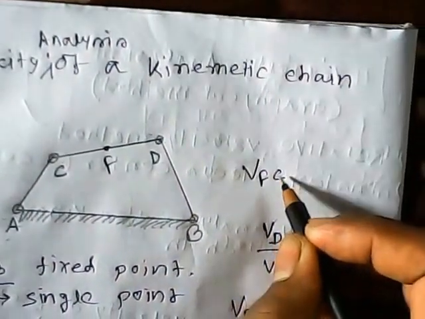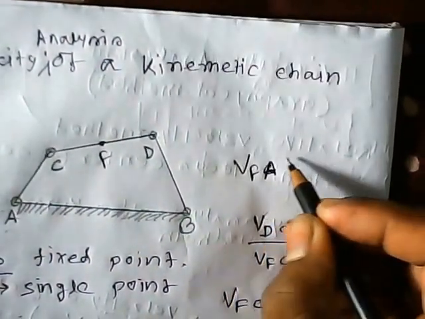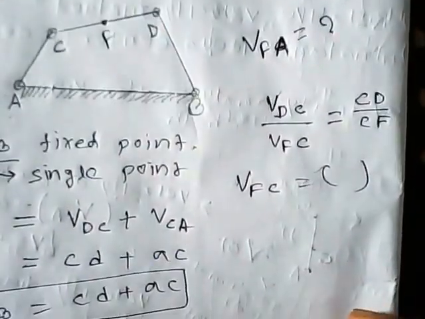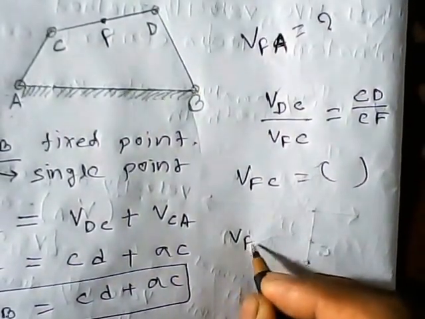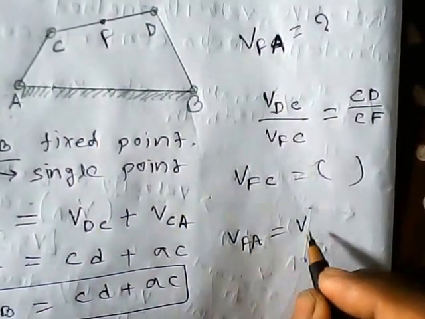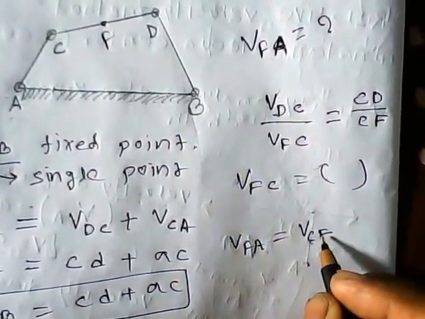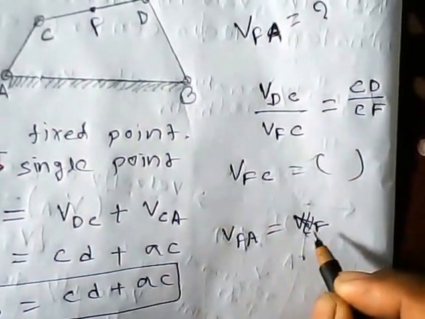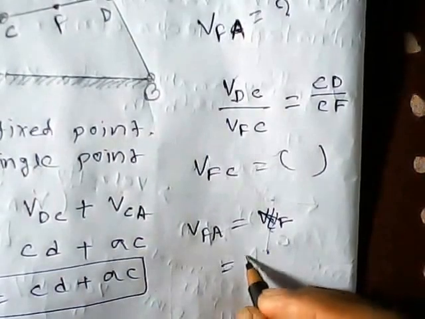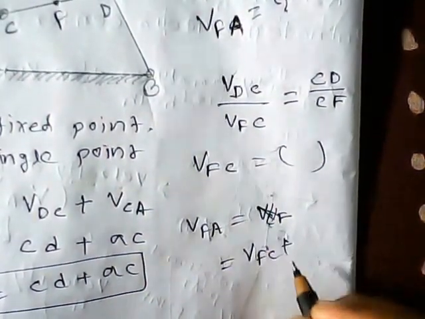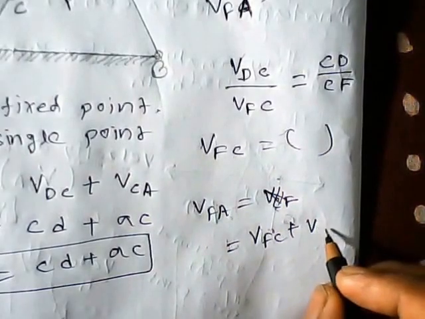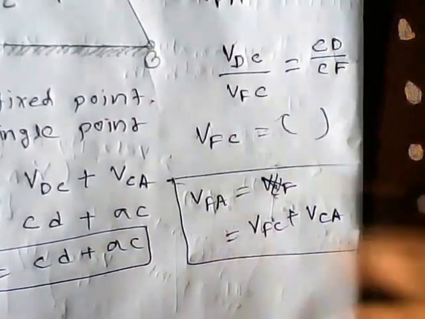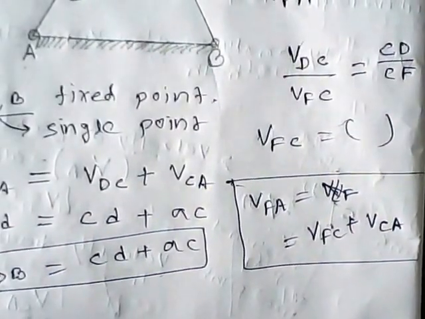Now if we have to find velocity of F with respect to A, then we know velocity of F with respect to A equals velocity of F with respect to C plus velocity of C with respect to A. Then we can find the velocity of F with respect to a fixed point A.